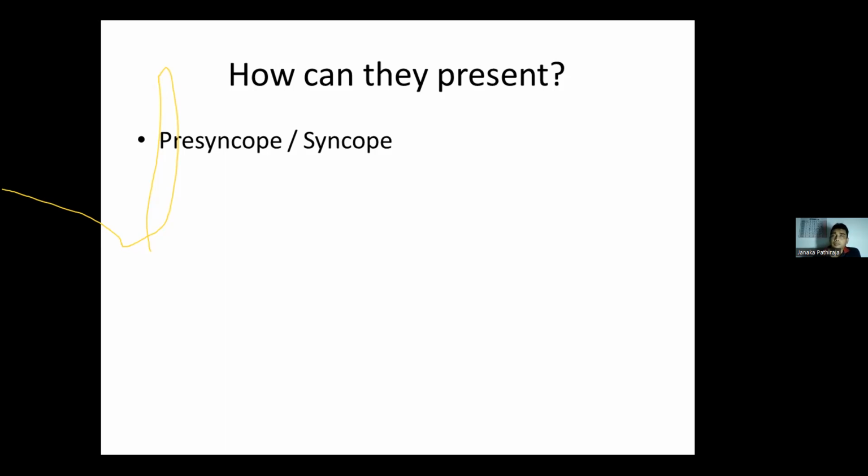Some might say it's faintishness, some say it's dizziness, some might say it's vertigo, imbalance. There will be different terms being used to describe pre-syncope and syncope.